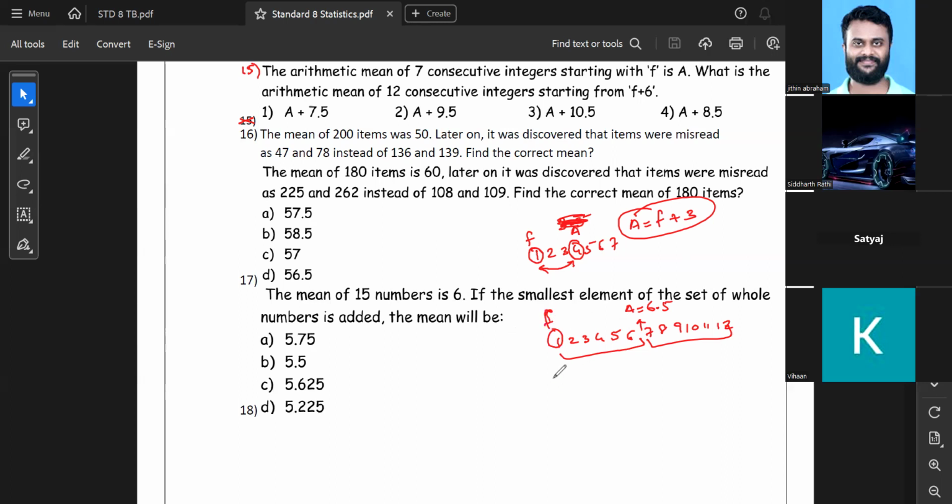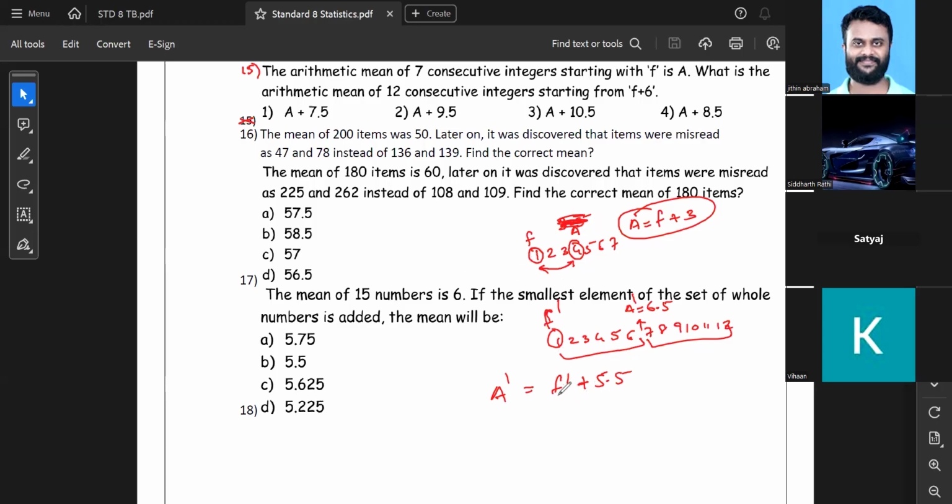I'll call the new first value f dash and the new average a dash. So f dash plus 5.5 is going to give you the new arithmetic mean.